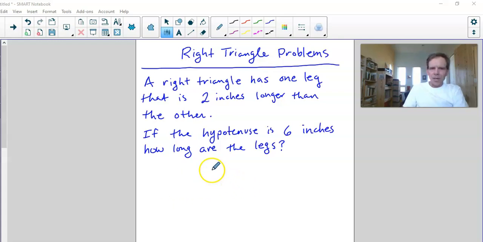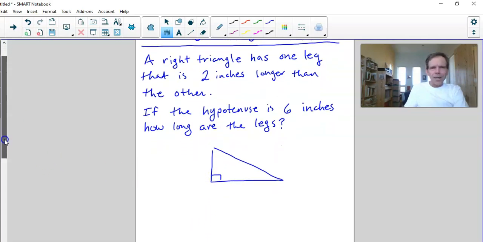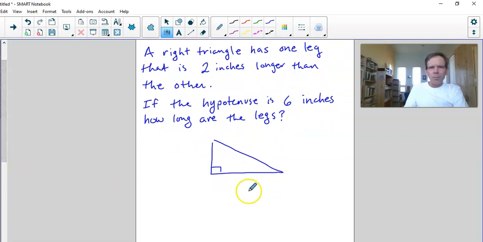All right, so let's start with a picture here. A right triangle has a square corner in one of the corners. And what is this problem telling us? The legs are the sides of the triangle next to the right angle.